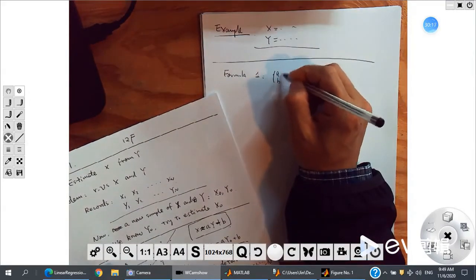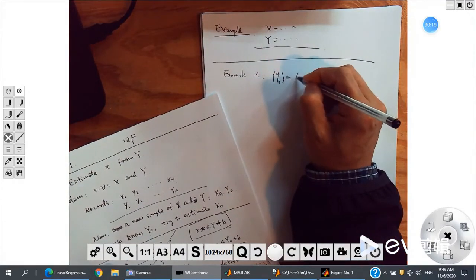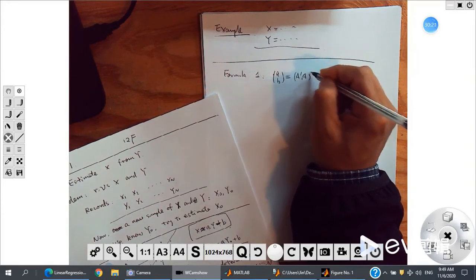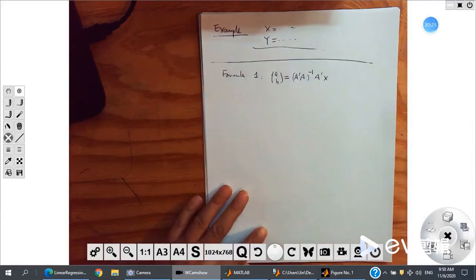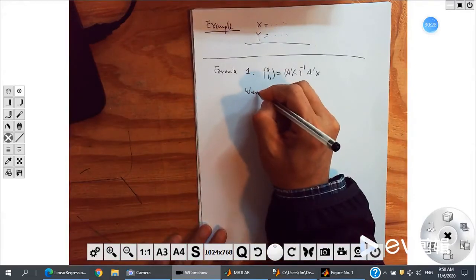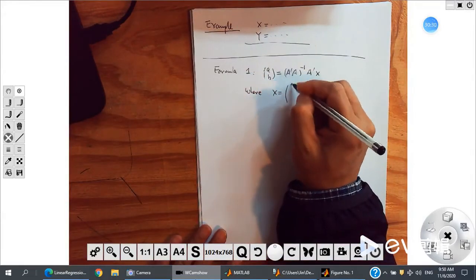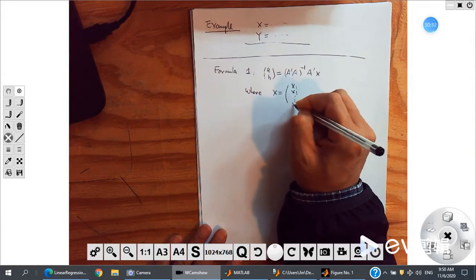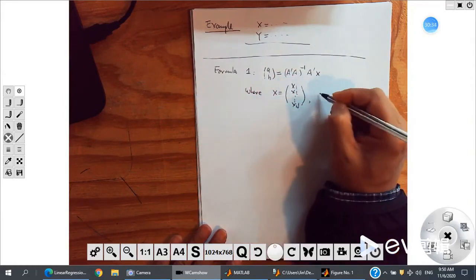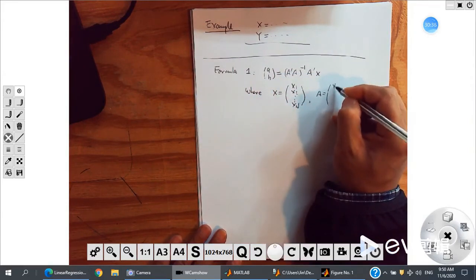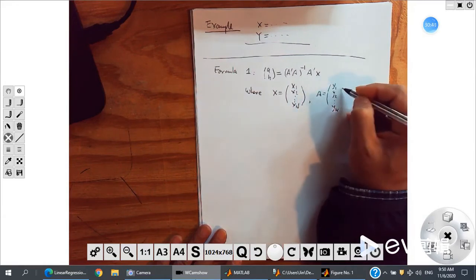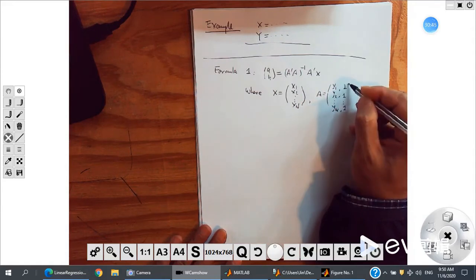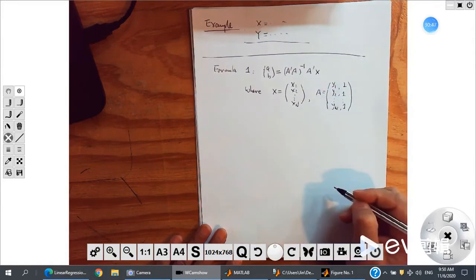A and B are equal to A prime A inverse times A prime X, where X equals X1, X2 until Xn, and A equals Y1, Y2 until Yn with another column, the column of ones. This is A.